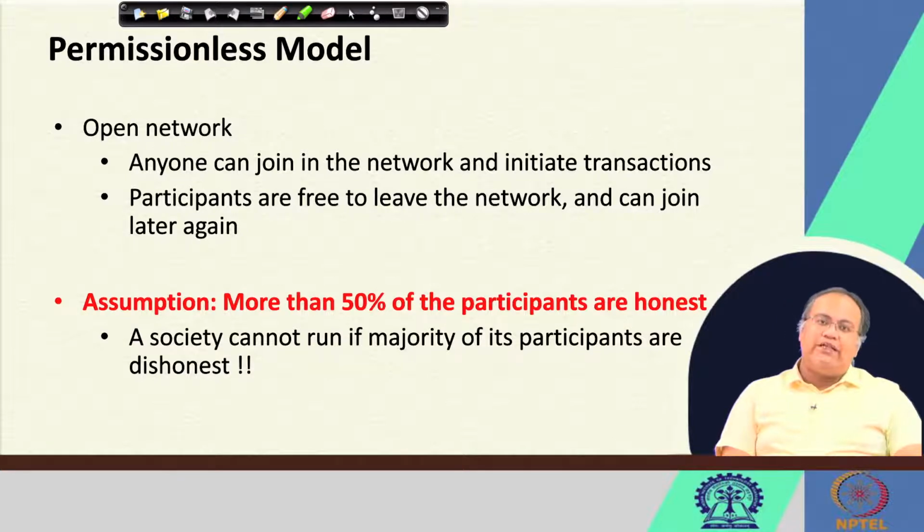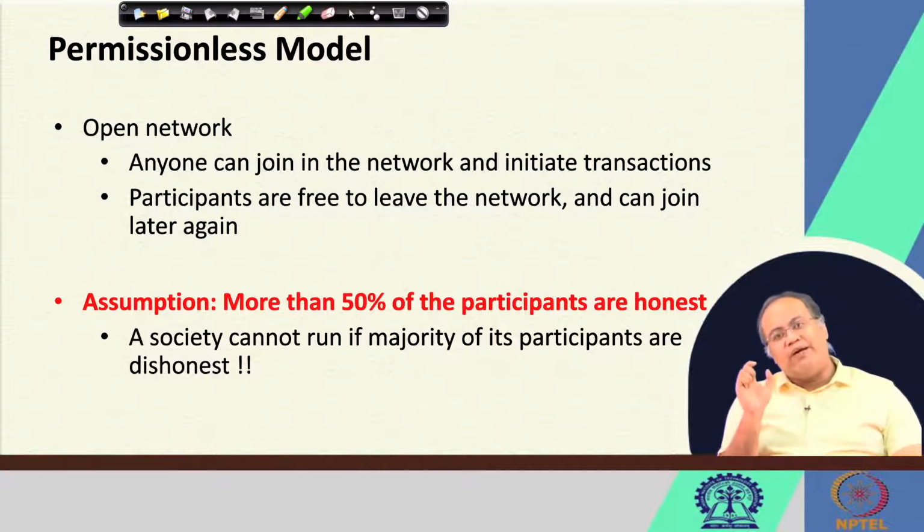This is the basic idea here. Whenever we design a technology on an open blockchain network, we believe that it will work at a societal scale, and in any society you cannot have more than 50% of the participants as dishonest. If the majority of the participants in a society are dishonest, then the society cannot run well.